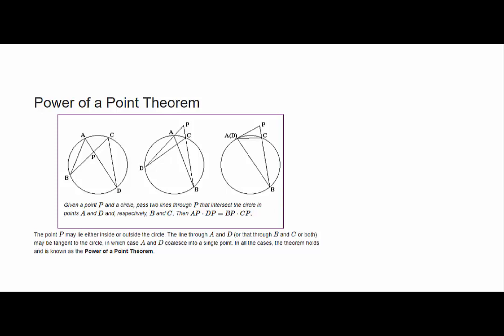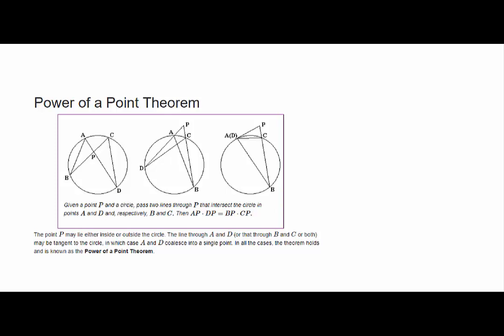Then the product AP times DP is an invariant for the circle, meaning that the value of AP times DP is not a function of the choice of the chords.